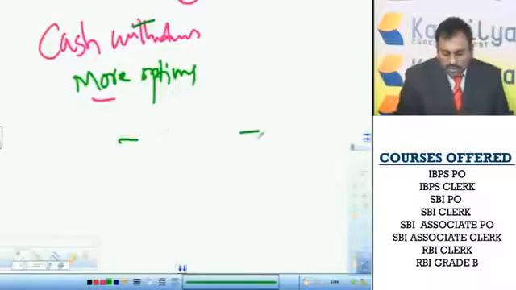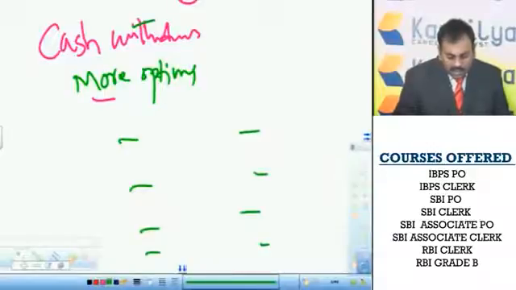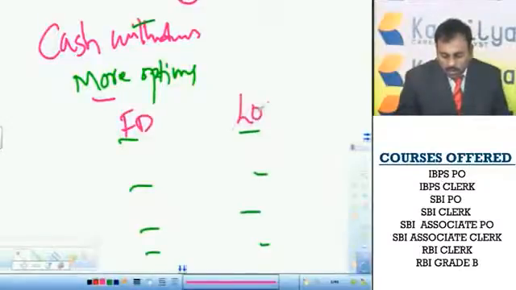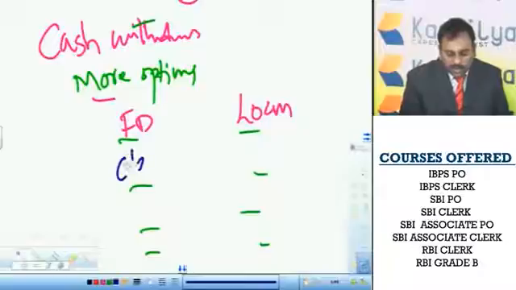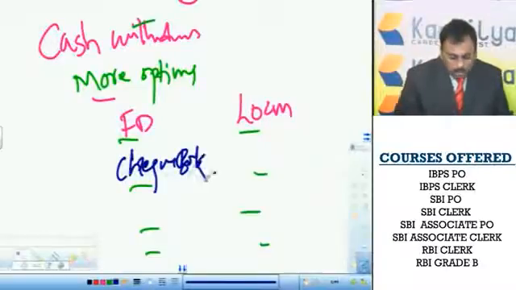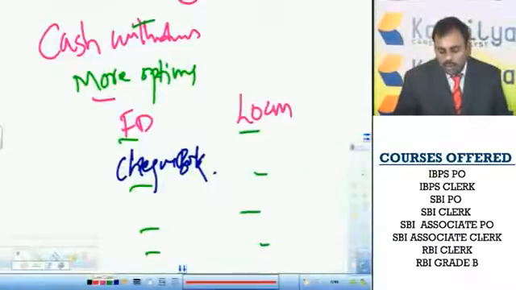So like this. What does it consist of? One is fixed deposit, another one is loan, and we call another a checkbook request.